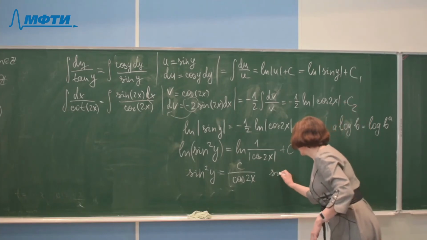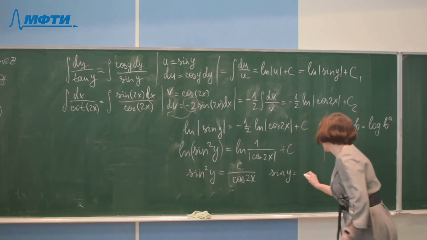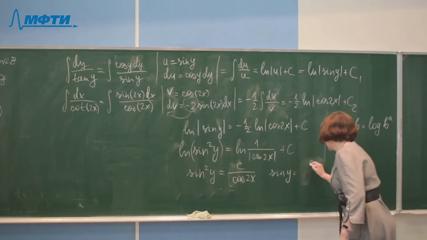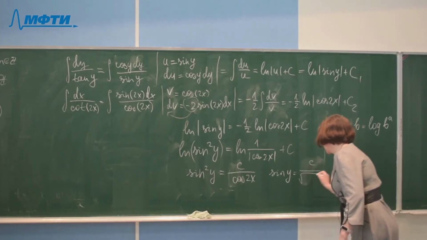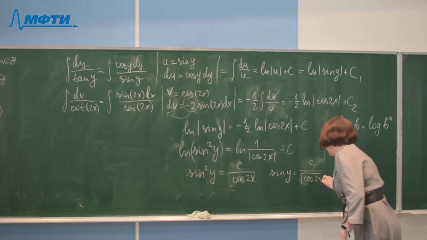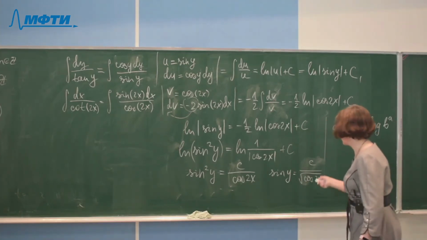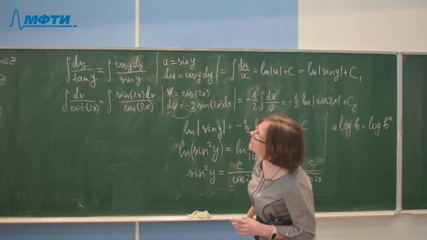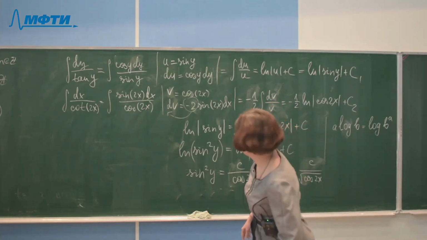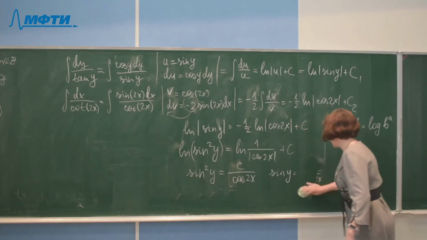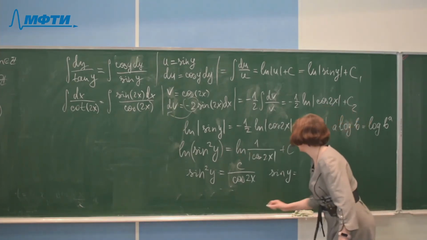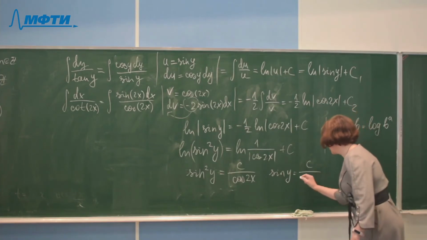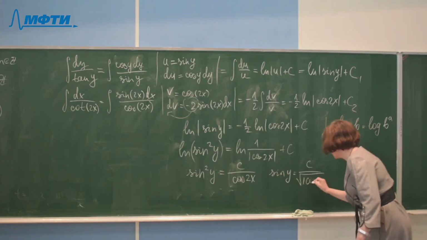So sine y is equal to root, or maybe it can be represented as c over root of cos 2x. It may be negative, of course. Okay, let it be c over root of the absolute value of cos 2x.